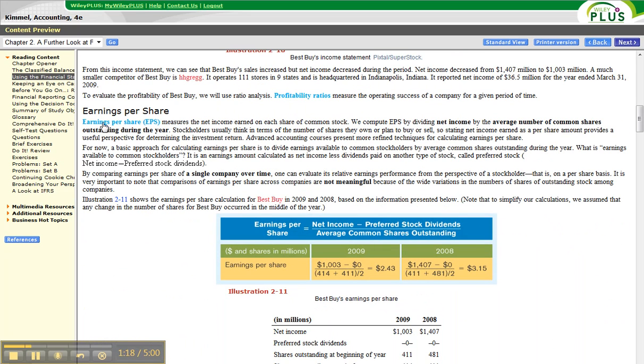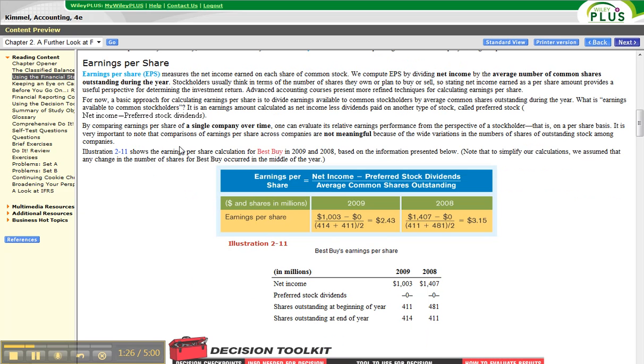Earnings per share, the profits per share, is a calculation that companies will perform, and that measure is usually best when you're comparing a single company to itself over time. It's not really very useful to compare one company to another because most companies have wildly different numbers of shares outstanding. So this is how the calculation works.